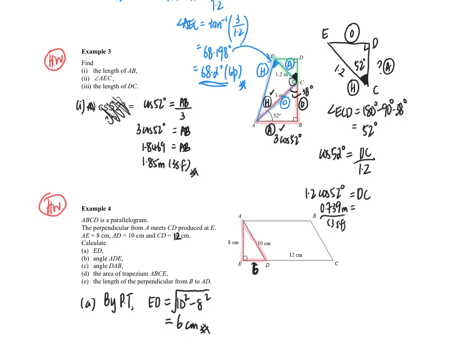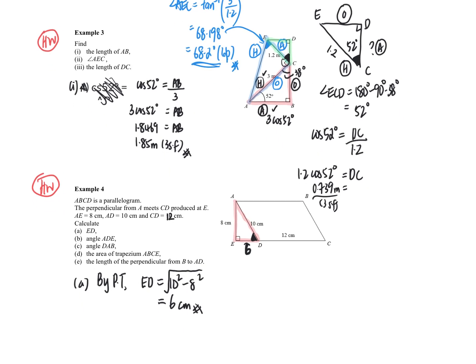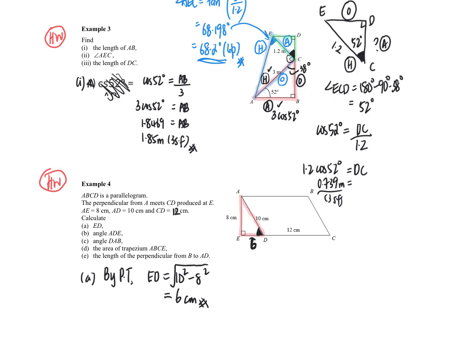Next, you want to find the angle ADE. This one. So to find an angle, you can always use SOH CAH TOA to help you. So use the length they give you rather than the one you find, in case you make a mistake in your calculation.